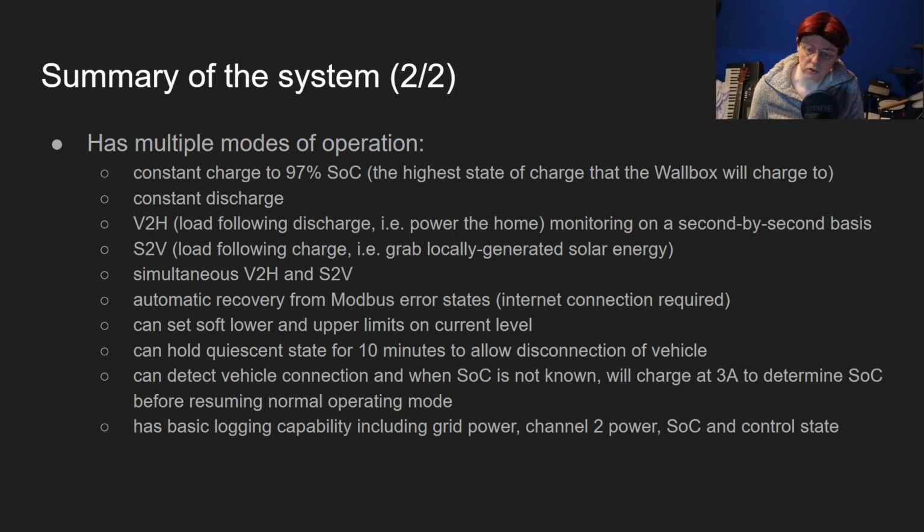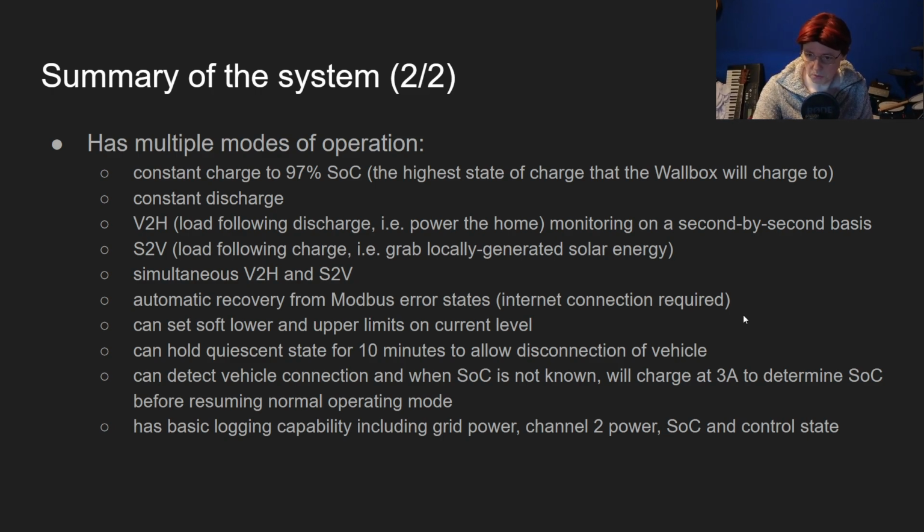Or not much of it is anyway. It can do both of those things at the same time, so that means it can charge, it can switch to discharging, it can switch to charging, it can adjust its level so that the grid power is basically around zero.